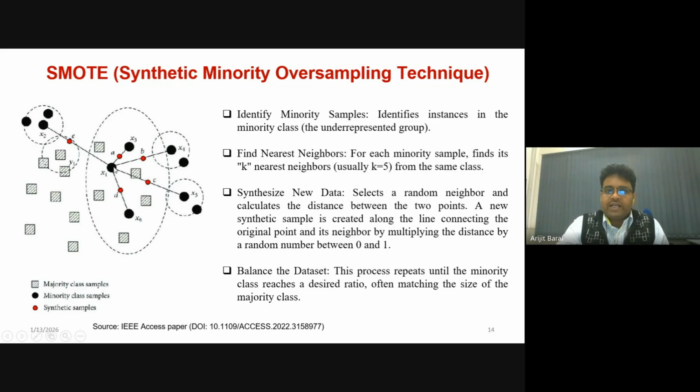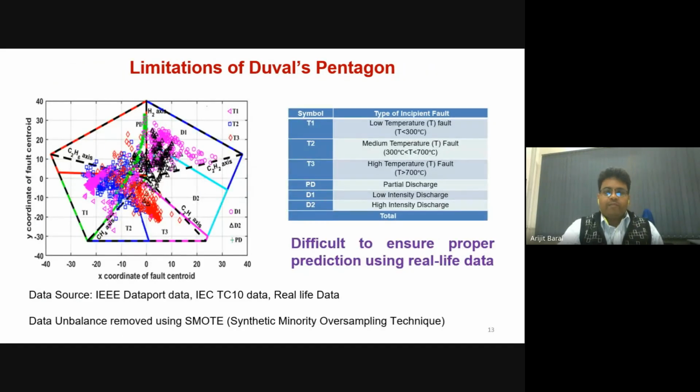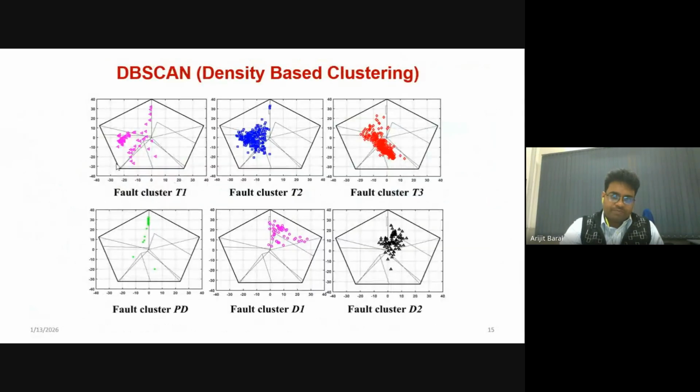So it essentially just generates a point somewhere in between 2 data points belonging to the minority data set. So in this fashion, we have made a balanced data set for further processing of these gas problems. Then we have plotted each type of fault within the Duval pentagon itself.